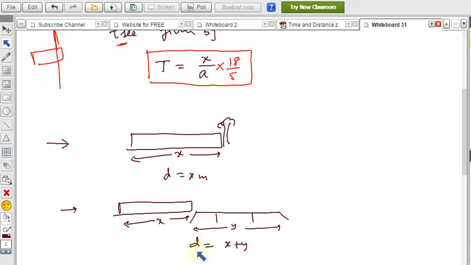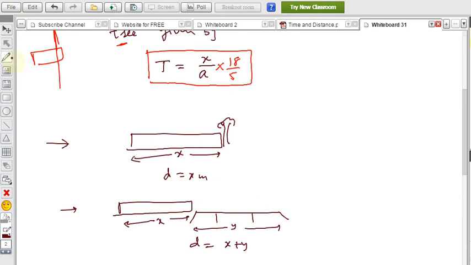The whole distance is x plus y because it should cover the bridge and cross it completely. When only crossing a pole, tree, man or telegraph pole, the distance is just the length of the train. Otherwise, distance is the length of the train plus the length of the bridge.